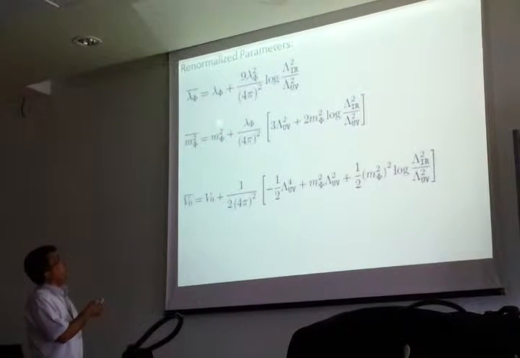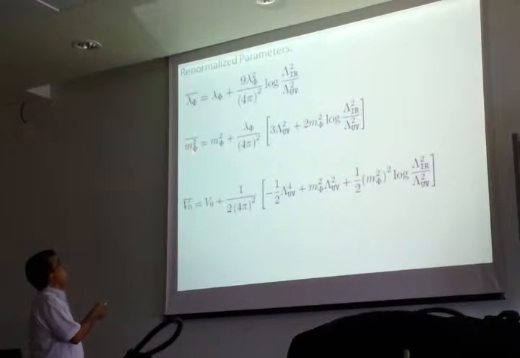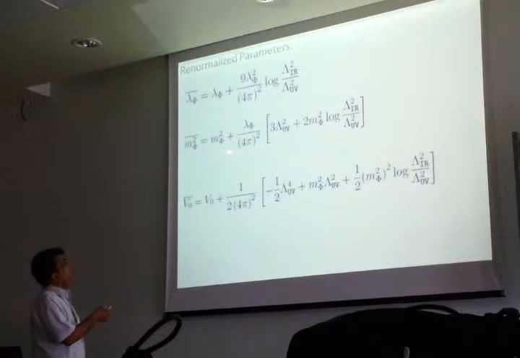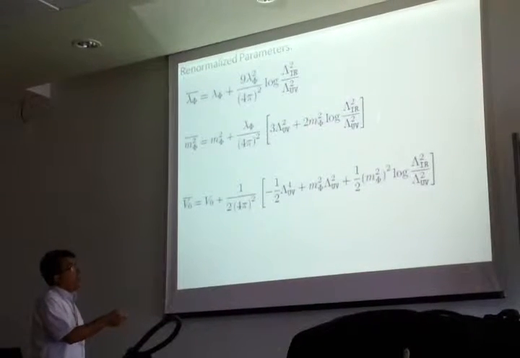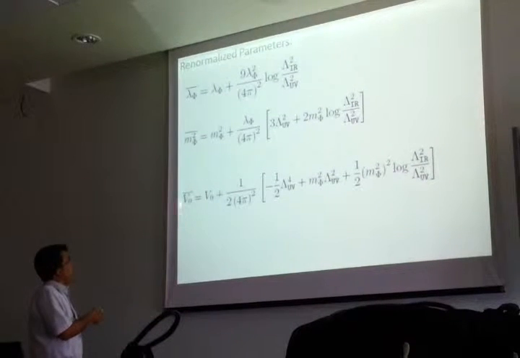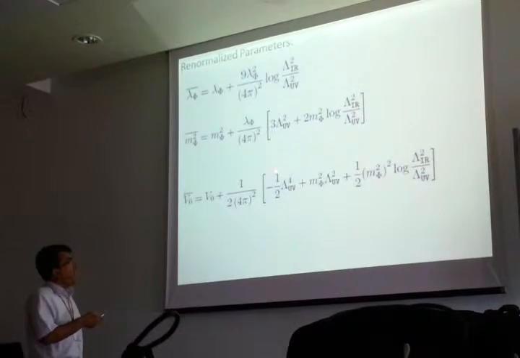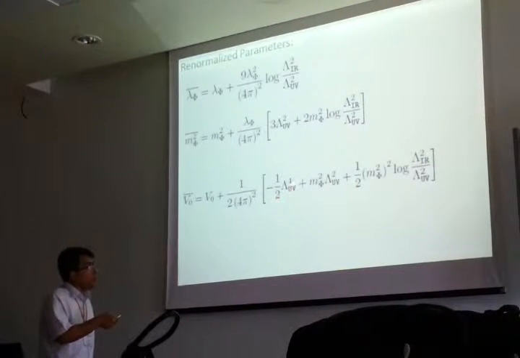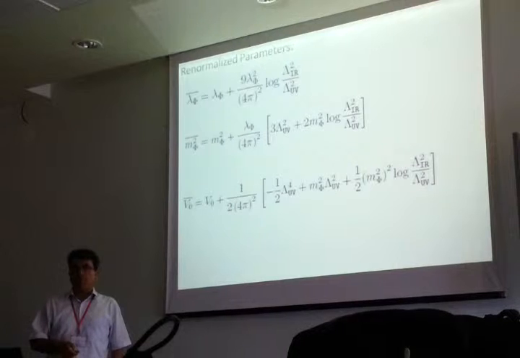The quartic coupling renormalizes logarithmically, as you see here. The mass squared is renormalized in this fashion. It has a logarithmic piece and a quadratic piece. And the vacuum energy is renormalized to have a quartic contribution, a quadratic contribution, and a logarithmic contribution.